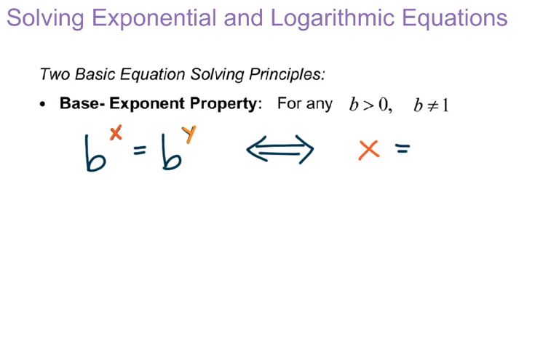If the bases are the same, then the exponents are going to be equal to each other. So essentially we can just drop those bases, but you have to have one base equal to one base. Okay, it has to be only one. And if you have one base equal to one base, then you can drop the bases.